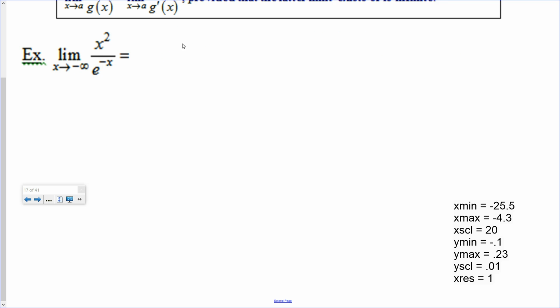If I plug in negative infinity, do you see on the top I'll get negative infinity times negative infinity, which is really just infinity squared. You guys good with that? So on top I get infinity. On the bottom, negative infinity times negative is going to give me e to the infinity. But e is just a number, right? So a number raised to infinity is going to give me what? Infinity. Everyone good with that? So I actually get infinity over infinity here, which is actually a L'Hopital's problem.